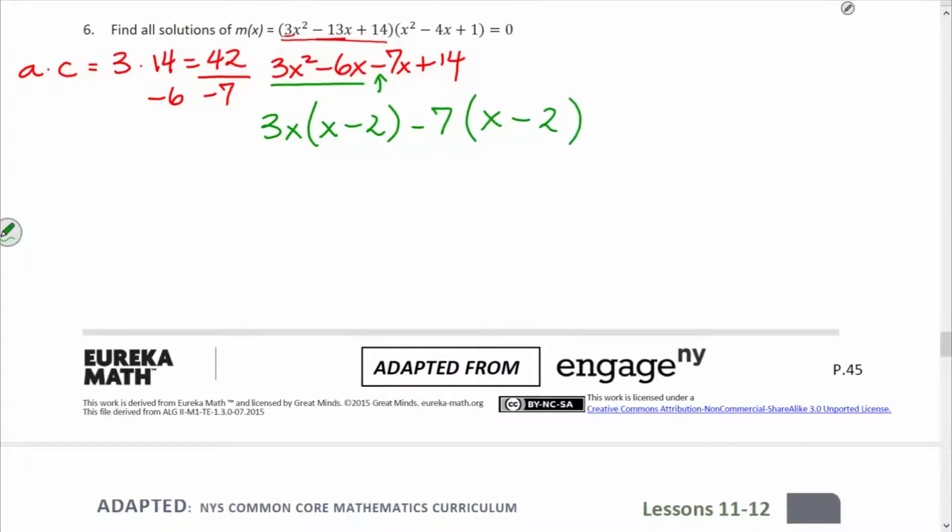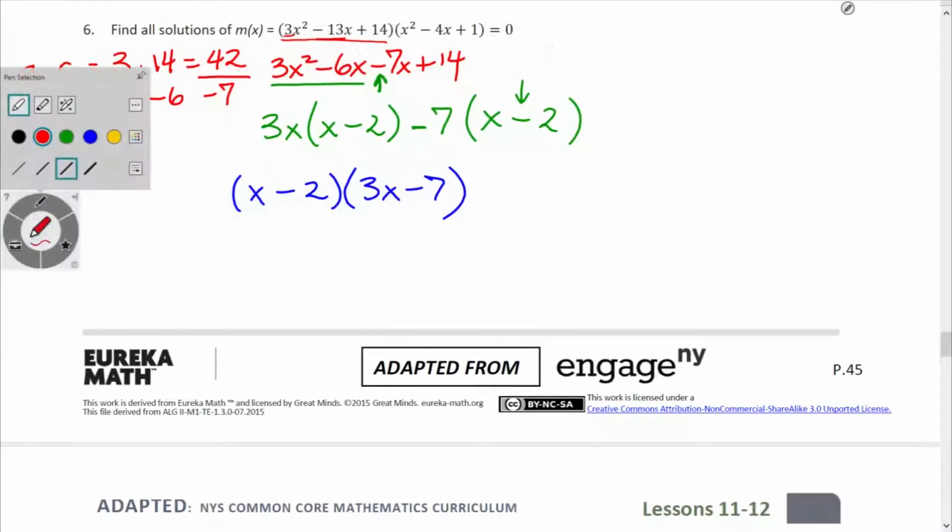Because I pulled out a negative, this sign became negative, so negative 7 times negative 2 is positive 14. Next, I'll pull out the x minus 2 to the front, and I'm left with 3x minus 7. I'm going to pause there and finish this up when I have everything fully factored.